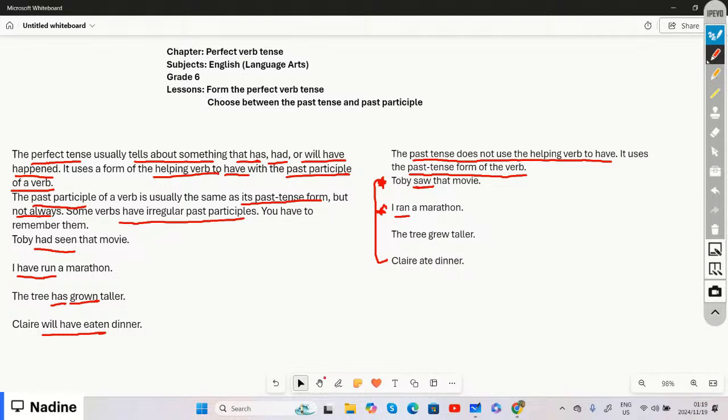And the next one says, the tree grew taller. What do you think is our verb within that sentence, the past tense verb within that sentence?